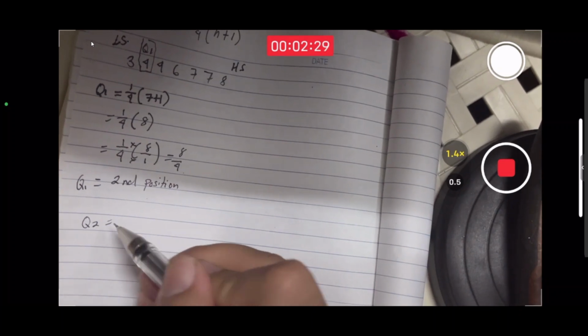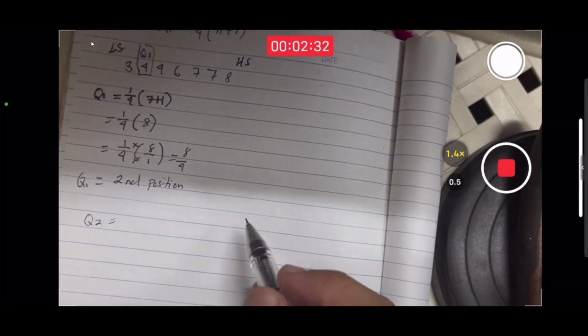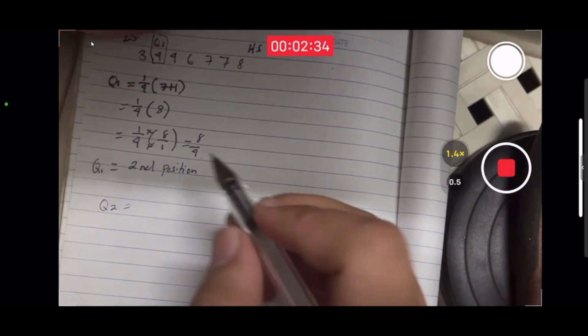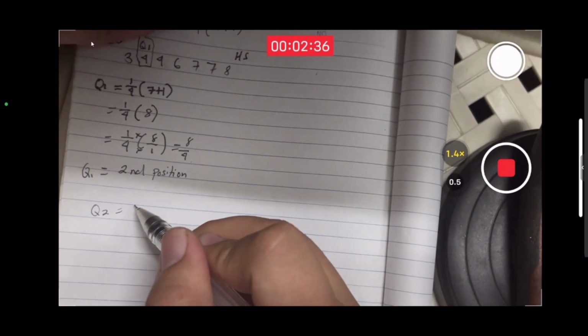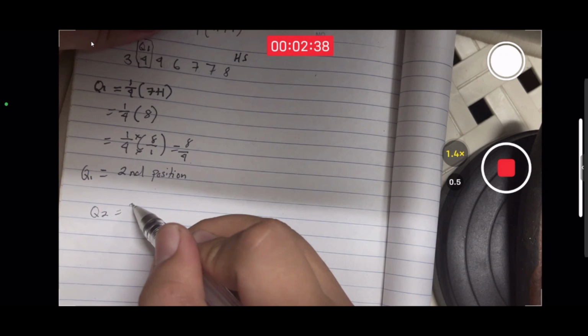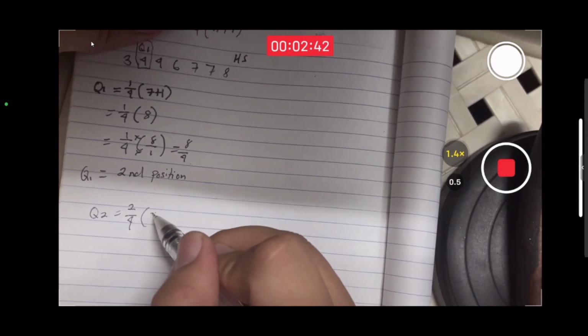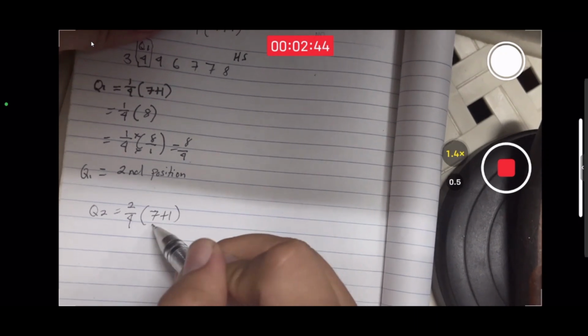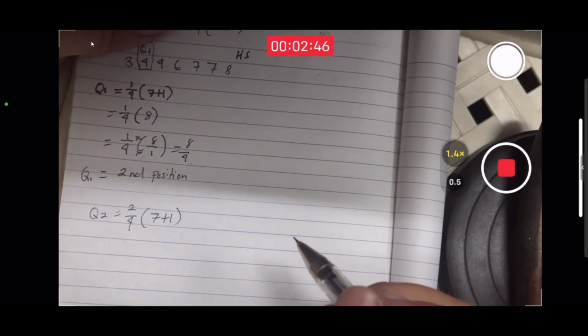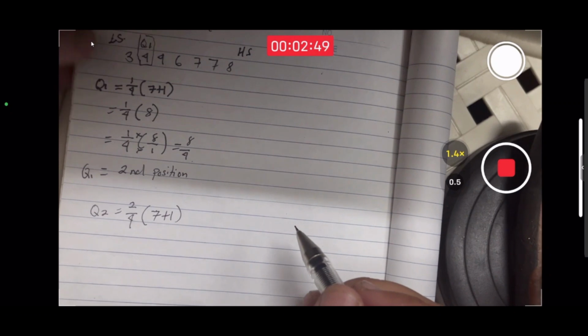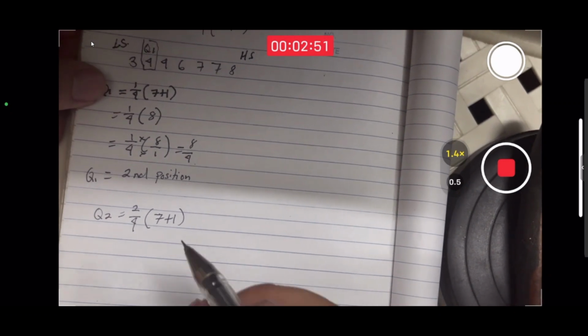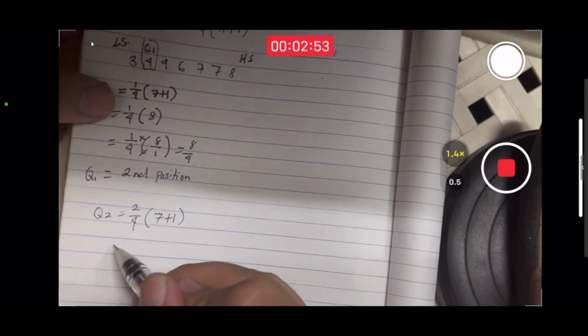Q2. Ayan. So, quartile 2 is equal to, we can change the value of K to 2, then 2 over 4 times 7 plus 1. Again, our 7, those are the numbers of data. Okay, we have 7 pieces of data here. So, 7 plus 1, and that will be 8.